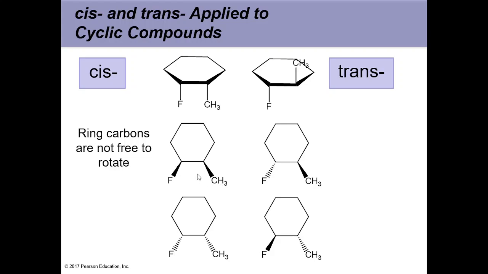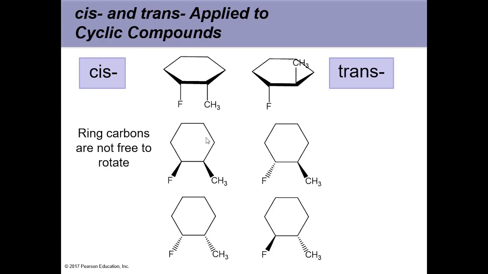Just to give you more examples of cis-trans in the ring structure. So this is a different view of the same molecule. For example, in this structure you have a cyclohexene shape drawn all in dashed line.